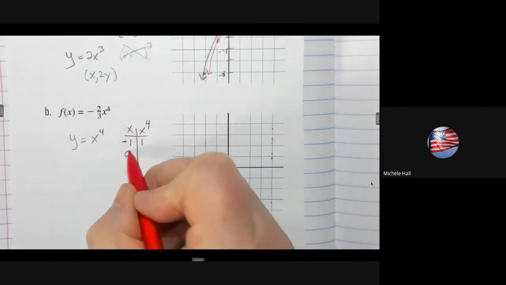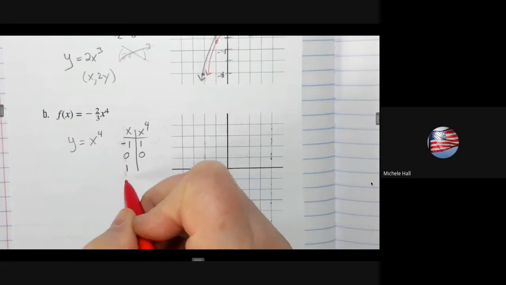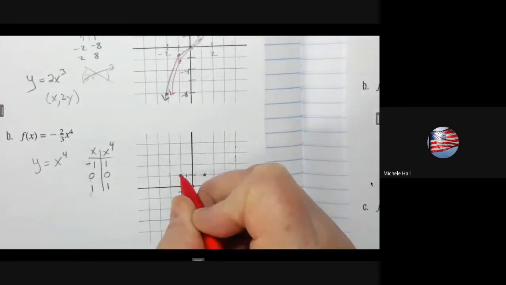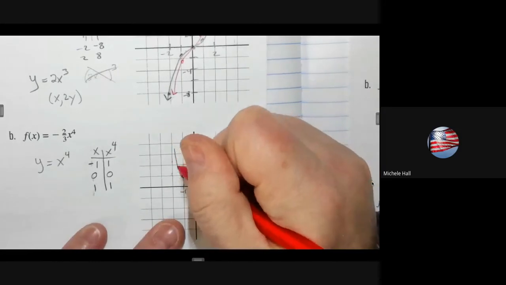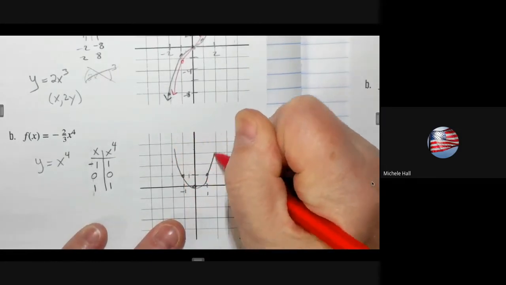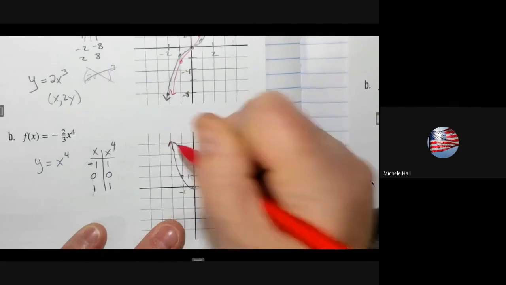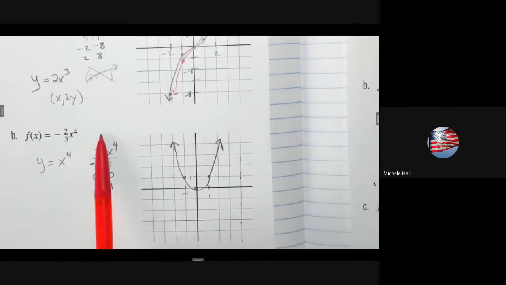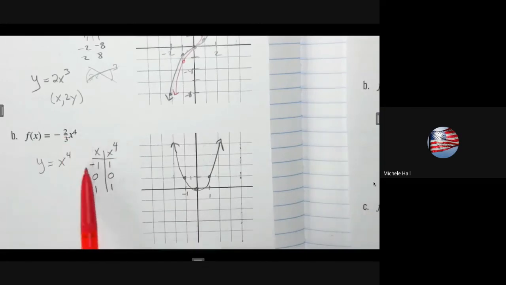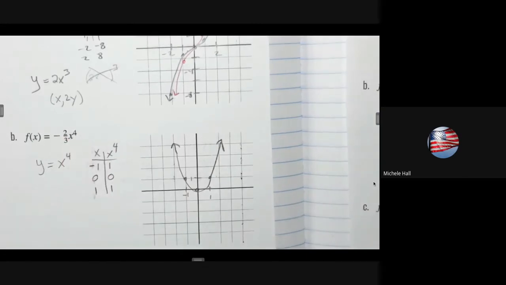When x is 0, we get 0. When x is positive 1, we get 1. And so we can see this looks a lot like a degree 2. Because it doesn't have x cubed, x squared, x with it, you're not going to see 4 terms. It's going to look more like an x squared.